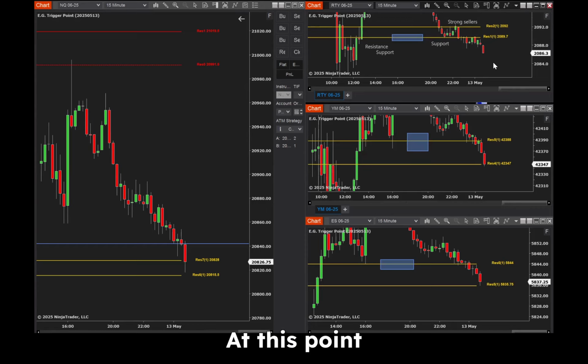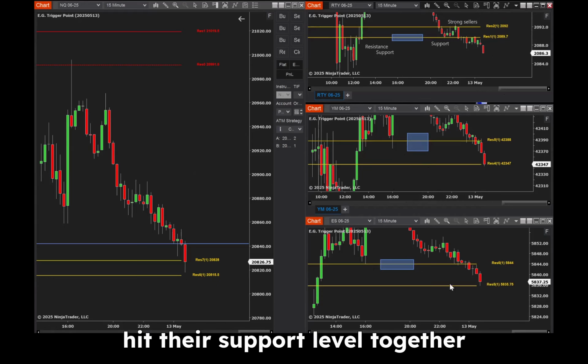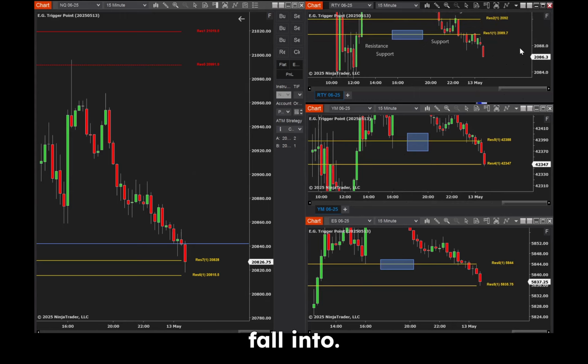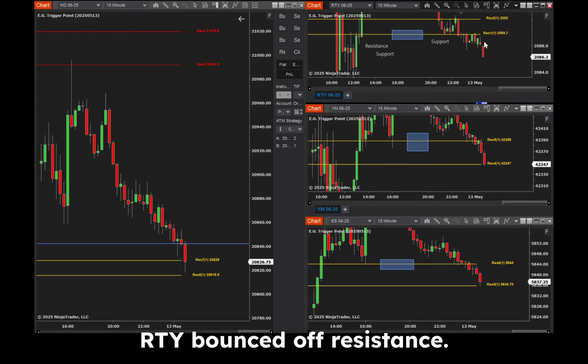Now at this point, I could identify another A+ setup because 3 instruments hit their support level together. And RTY at this point, and it's very, very important, guys, this is the lagging thing I spoke about that traders fall into. At this point, RTY bounced off resistance.